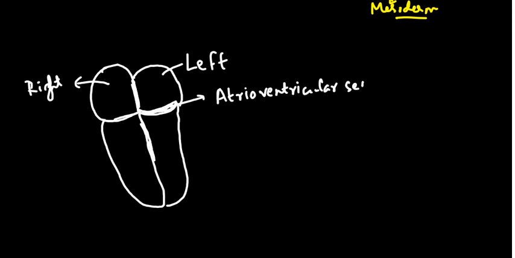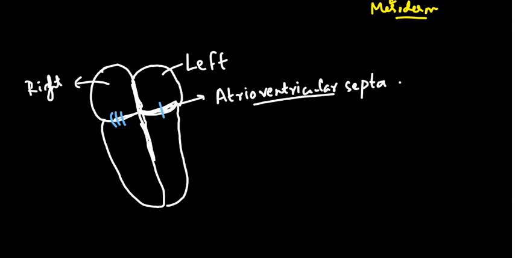Now, because of these septa between the right and left sides, there won't be any mixing between the oxygenated blood and the deoxygenated blood. The atrioventricular septa is not completely closed, they have gaps, and these gaps are guarded by valves.